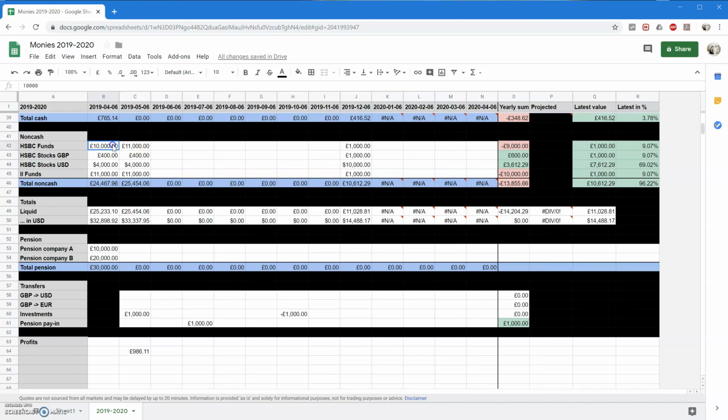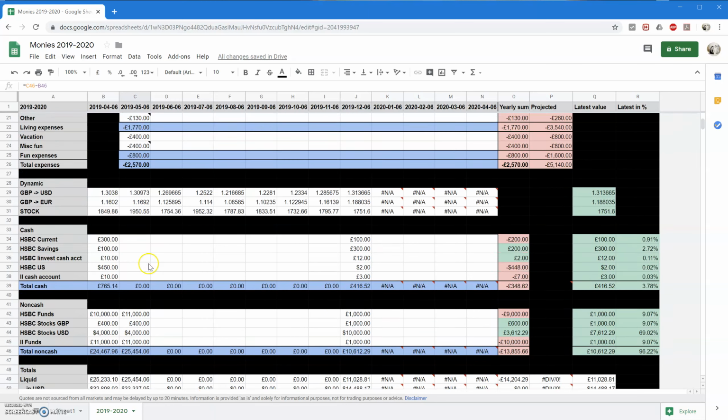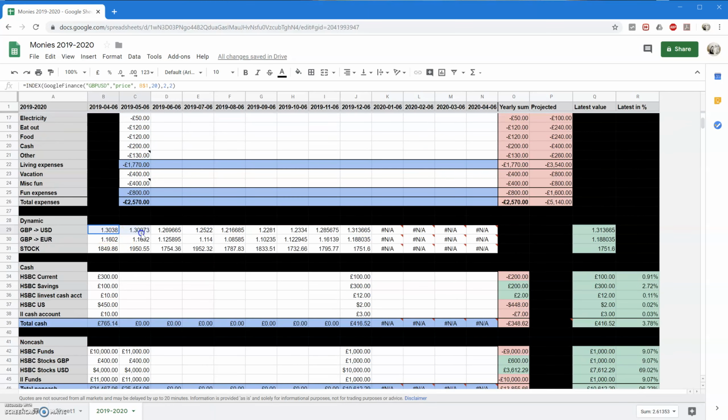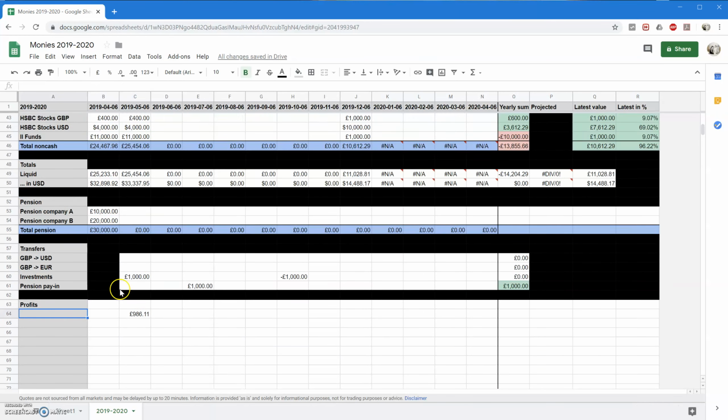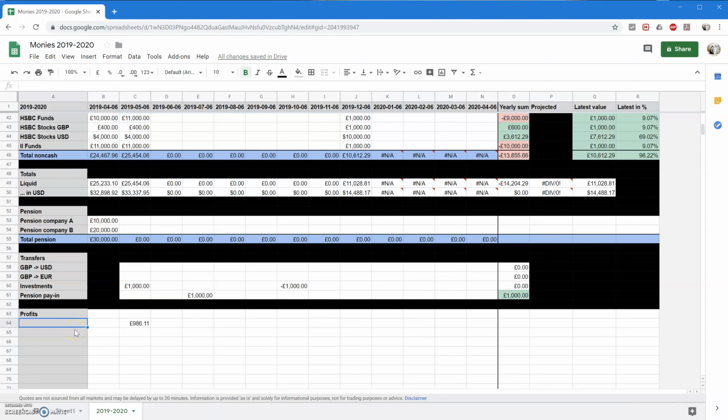So we have £10,000 here and £11,000 there, and everything else is the same. But we don't have £1,000 worth of profit because the exchange rate changed here. But it's almost £1,000.